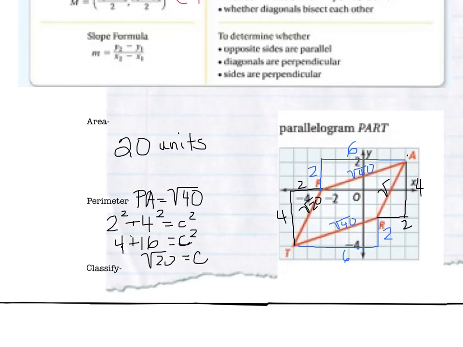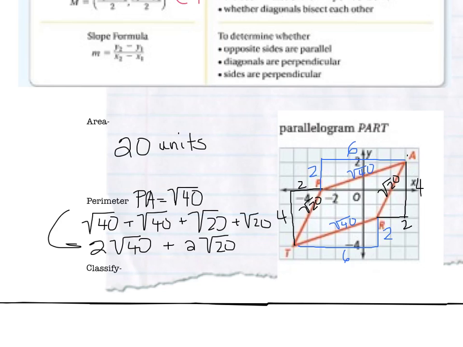Now, I talked the last time we had class video about radical 20 and radical 40 being able to be simplified. But for today, I just want to go ahead and say we can just add these two numbers together. So our perimeter would be clearly 2 radical 40 plus 2 radical 20.